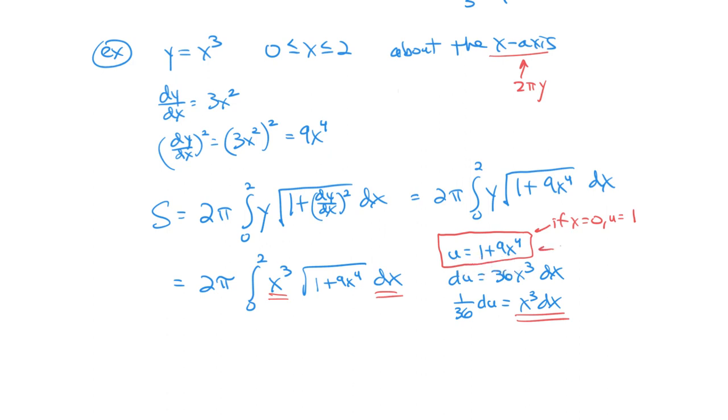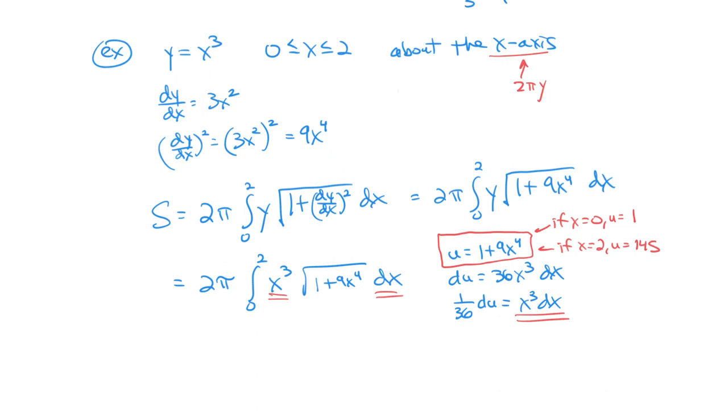That one's easy enough. If x equals 2, u equals, if I plug a 2 in here, I get 2 to the 4th, which is 16. So I get 9 times 16, which is 144, plus 1 gives us 145. Okay, a little unusual, but that's just what we're going to have for our limit.